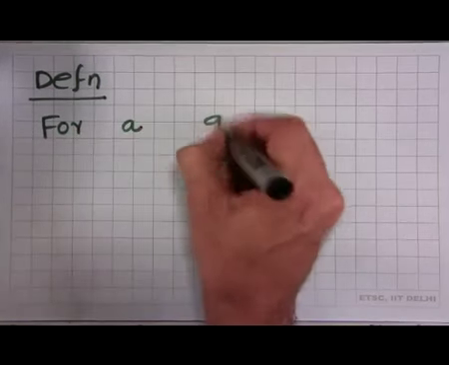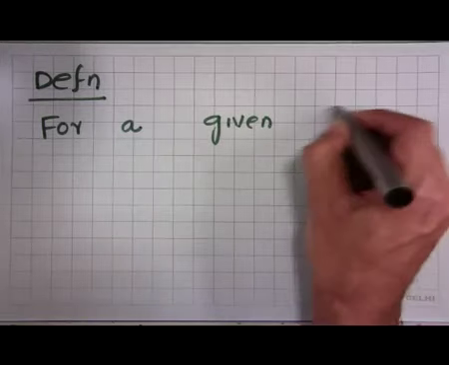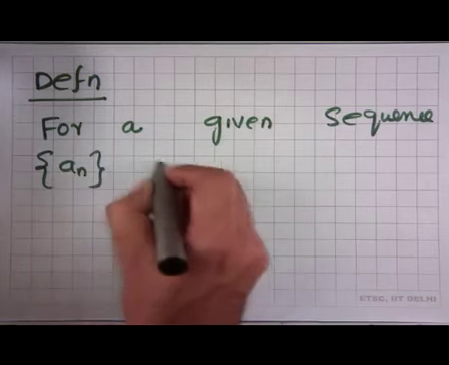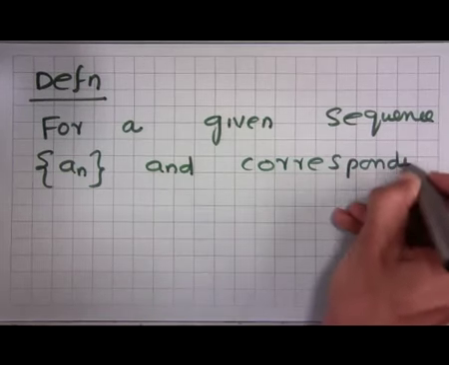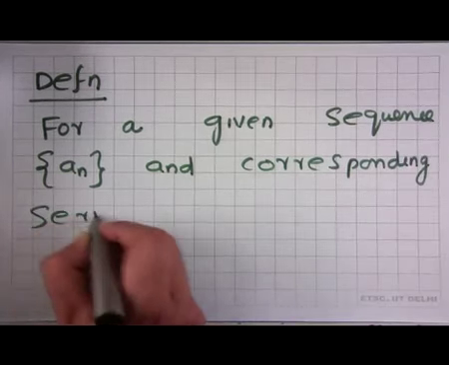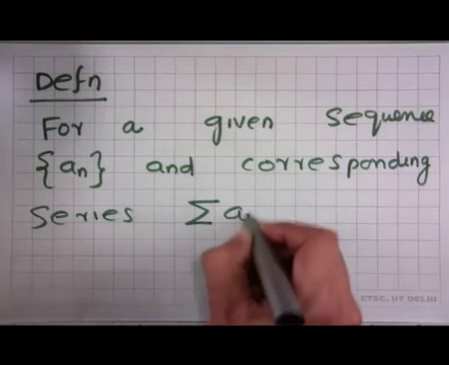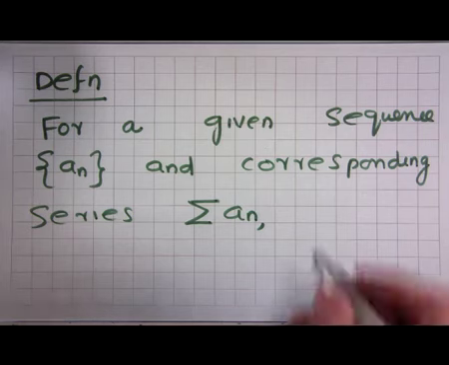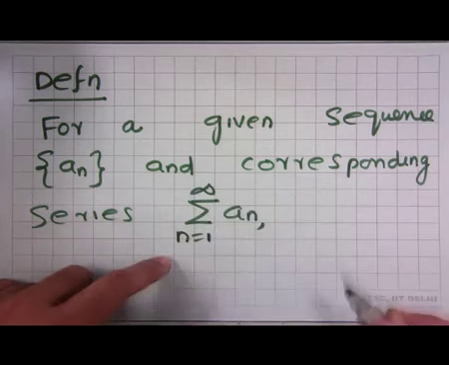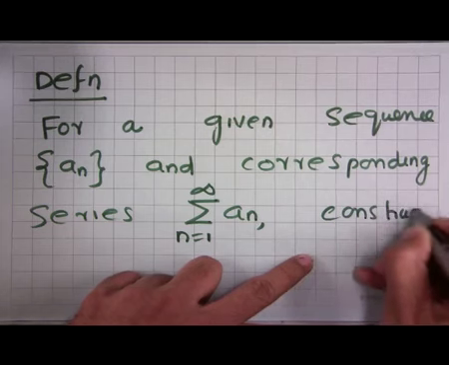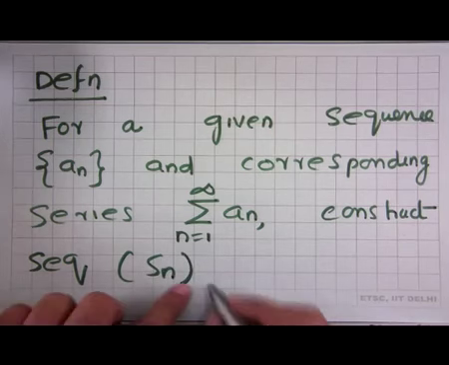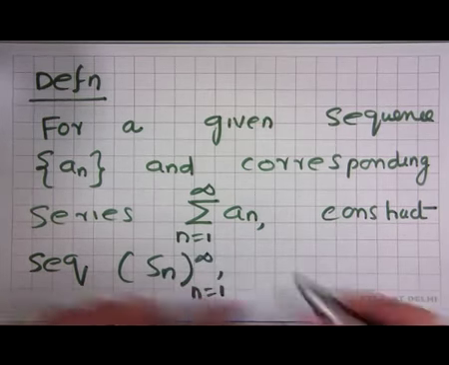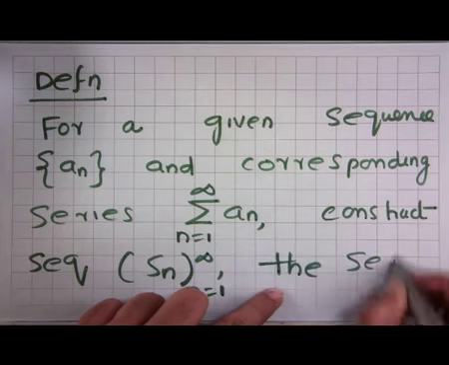For a given sequence An and corresponding series summation An, n is equal to 1 to infinity, construct the sequence Sn, called the sequence of partial sums.